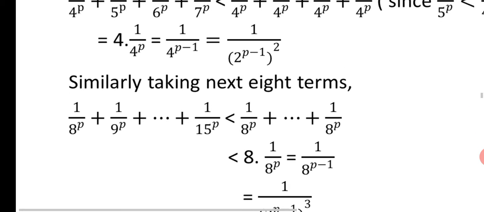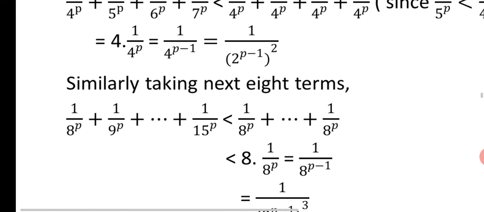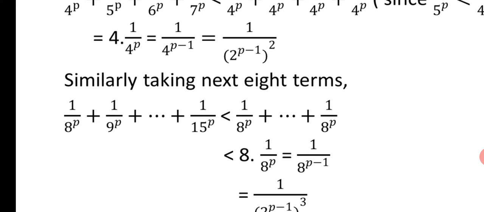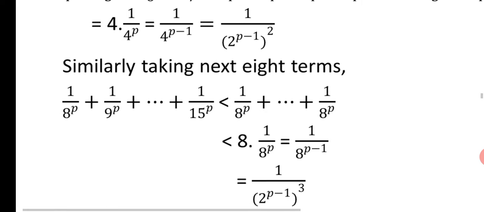Similarly, we take the next 8 terms, that is 1 by 8 to the power of p plus 1 by 9 to the power of p plus etc., last term 1 by 15 to the power of p. This is less than 1 by 8 to the power of p plus etc. plus 1 by 8 to the power of p.